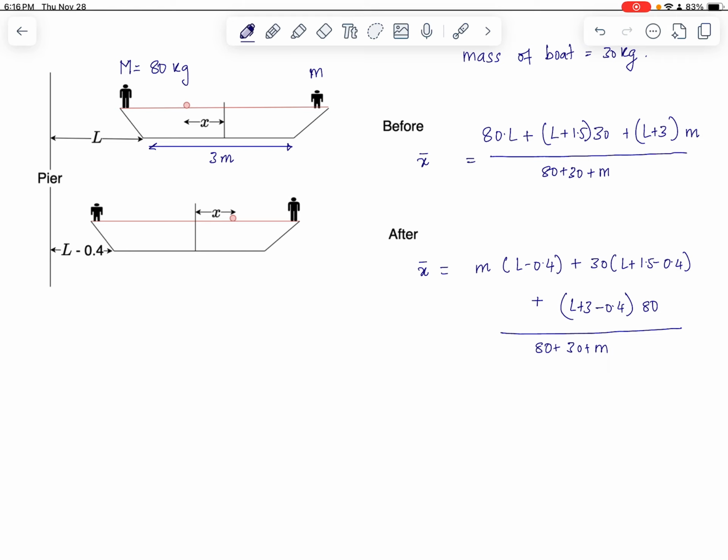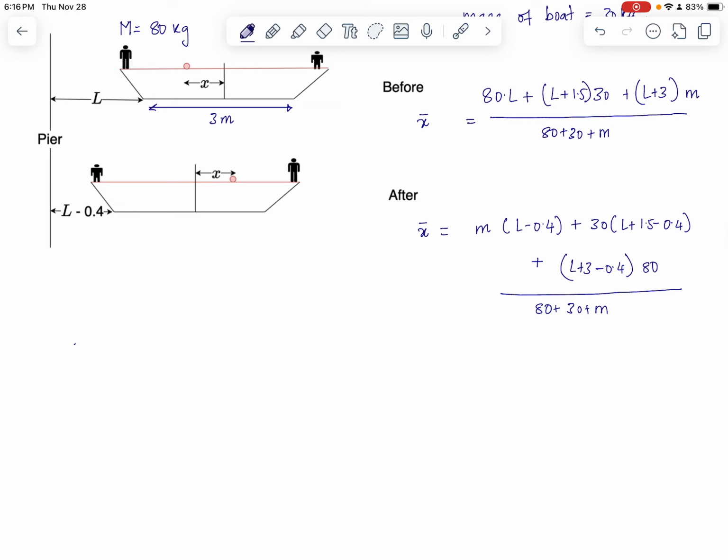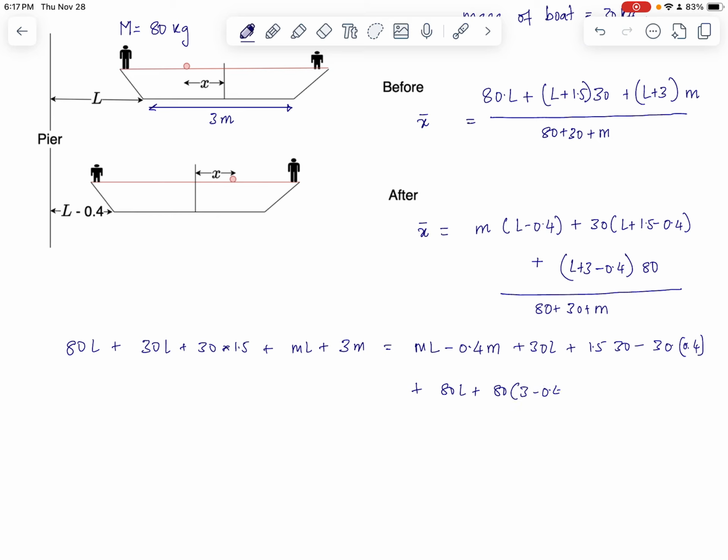So when we equate the two, we get 80L plus 30L plus 30 times 1.5 plus ML plus 3M equals ML minus 0.4M plus 30L plus 1.5 times 30 minus 30 times 0.4 plus 80L plus 80 times 3 minus 0.4, right?